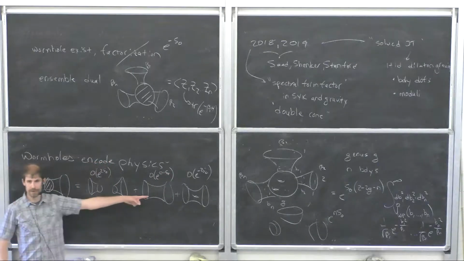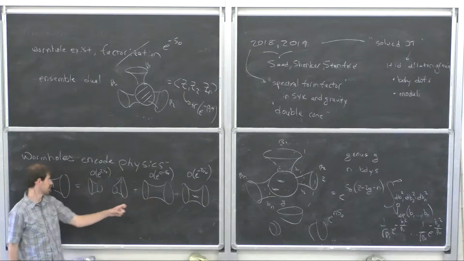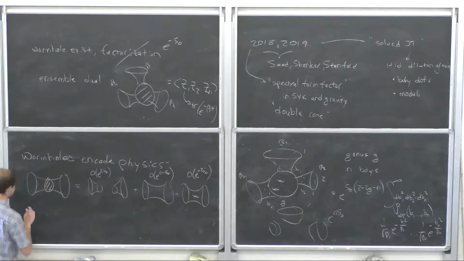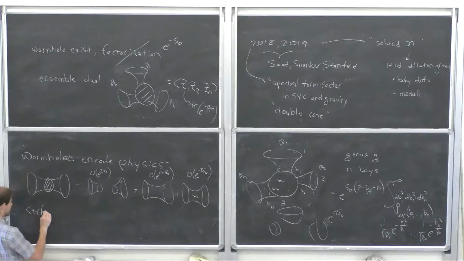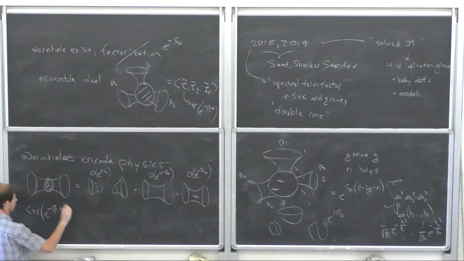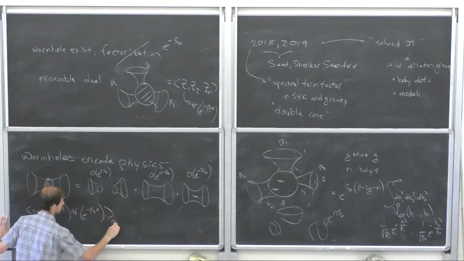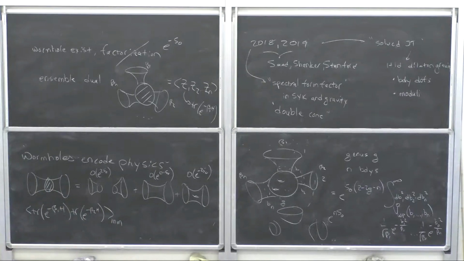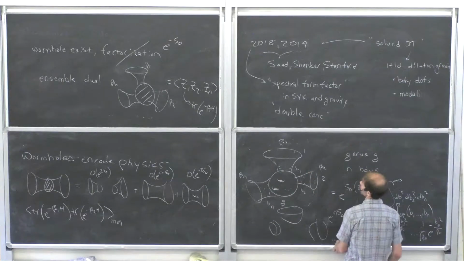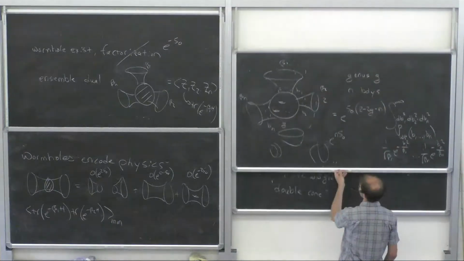The double trumpet is the leading connected contribution, which according to this dictionary is the ensemble average of trace e to the minus beta 1 H times trace e to the minus beta 2 H. That's an object people care about in different literature for very different reasons.